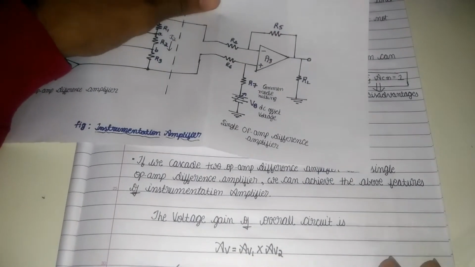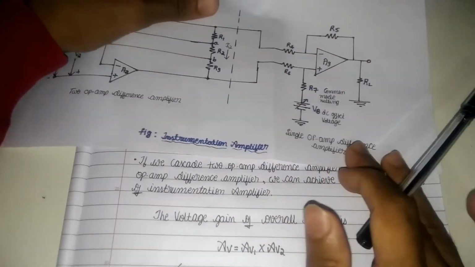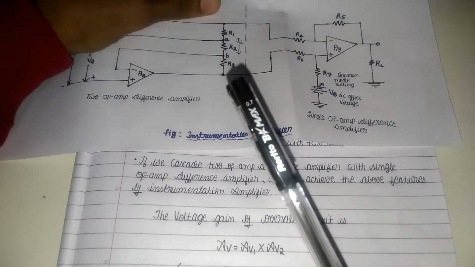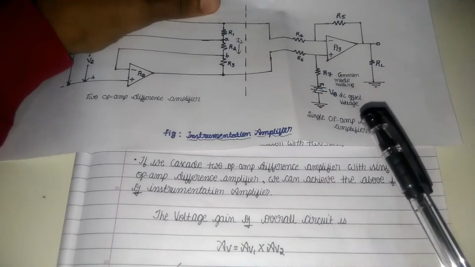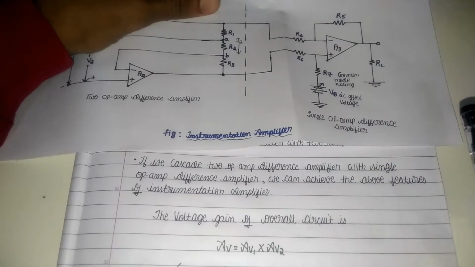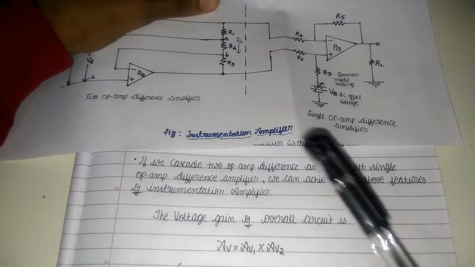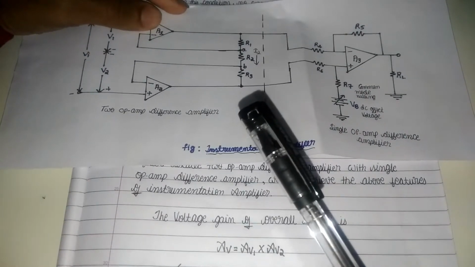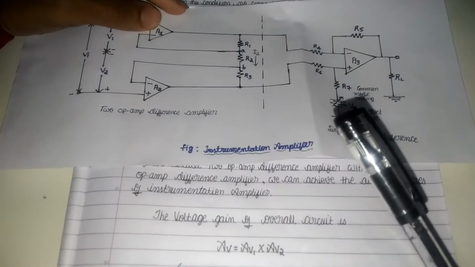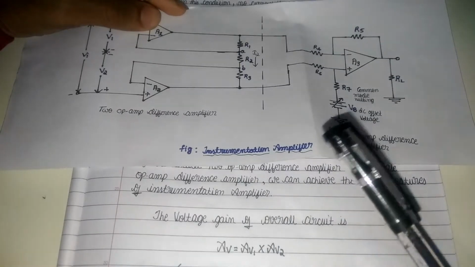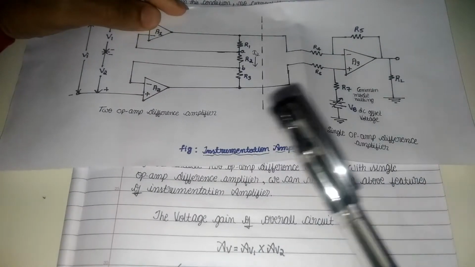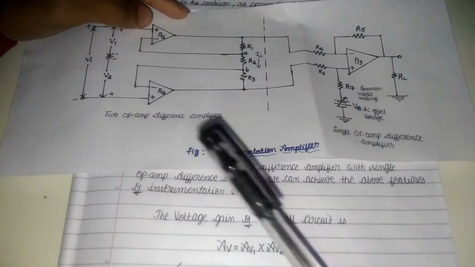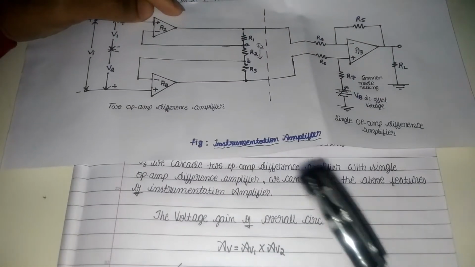Okay friends, now we have discussed both these amplifiers. By cascading both these amplifiers, we can achieve the features of the instrumentation amplifier. We have found the voltage gain of both the amplifiers. If we multiply the gains of both these amplifiers, then we will get the gain of the overall circuit, that means the gain of the instrumentation amplifier.